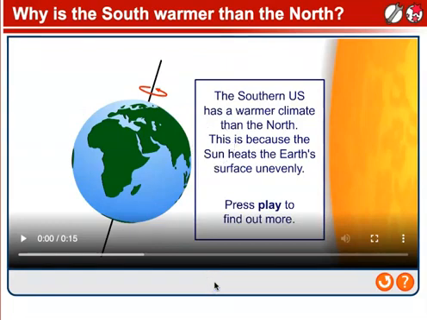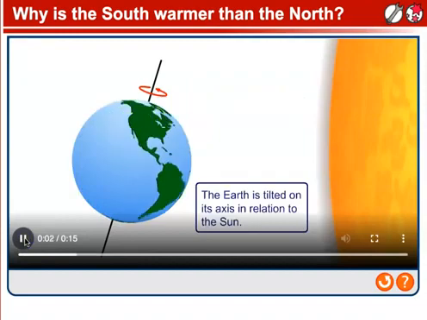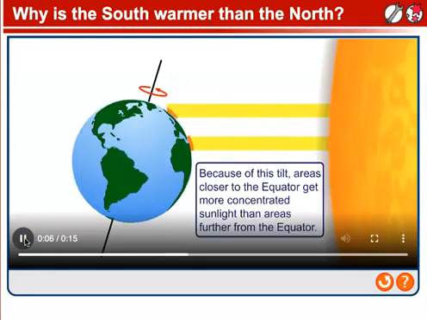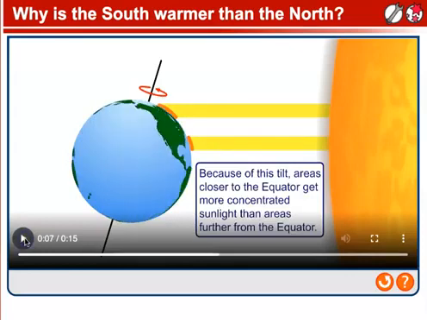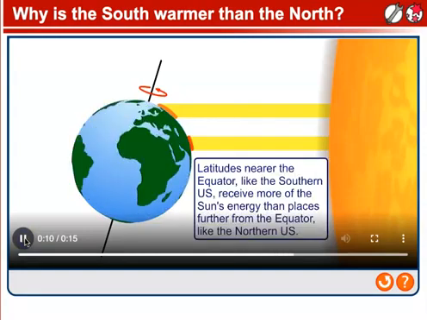So why is the South warmer than the North when we are talking about the United States? The southern U.S. has a warmer climate than the North. This is because the sun heats the Earth's surface unevenly. The Earth is tilted on its axis in relation to the sun. Because of this tilt, areas closer to the equator get more concentrated sunlight than areas farther from the equator.